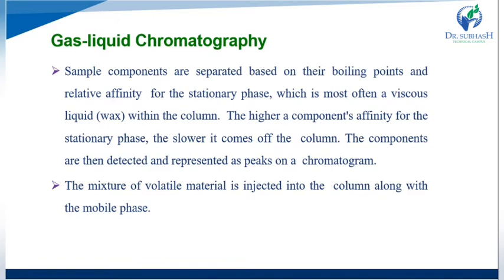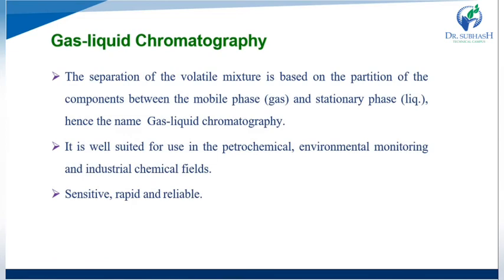The mixture of volatile material is injected into the column along with the mobile phase. The separation of the volatile mixture is based on the partition of components. This chromatography works on the partition coefficient principle.